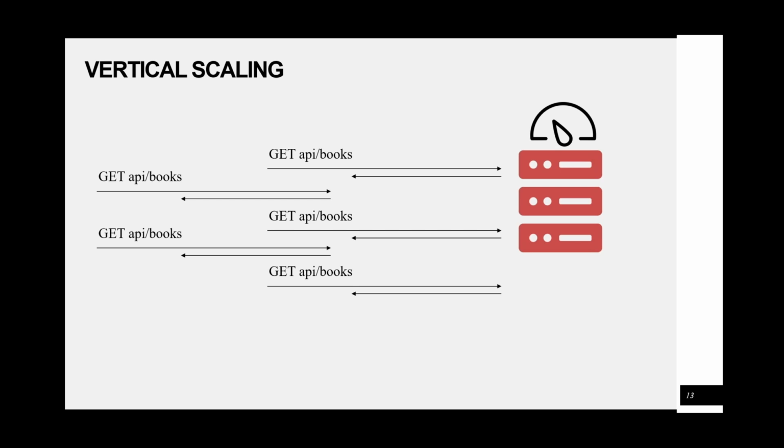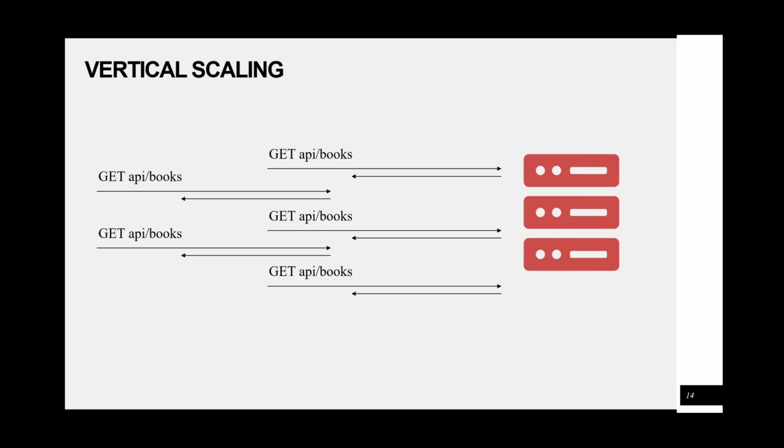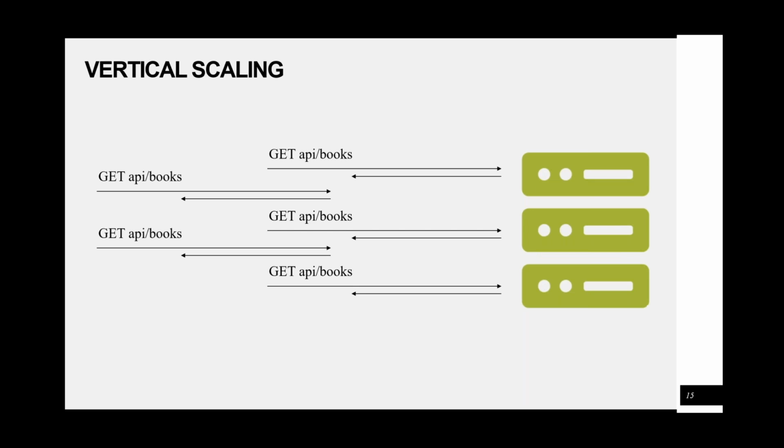Now we're going to try to solve this with a vertical scaling approach, which means we don't add additional servers, but we increase the resources at the level of the same virtual server. By that I mean you can add a faster hard drive, you can add some more memory, you can increase the CPUs that are available on your server. That's vertical scaling at the level of that same server.